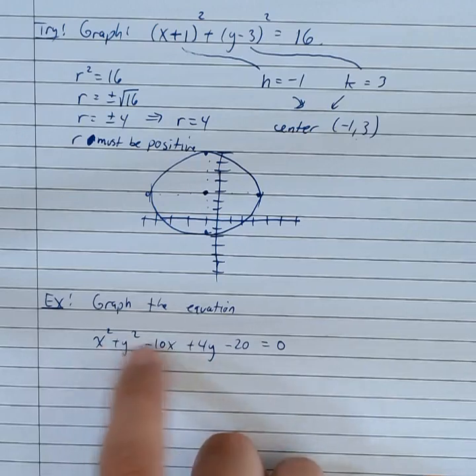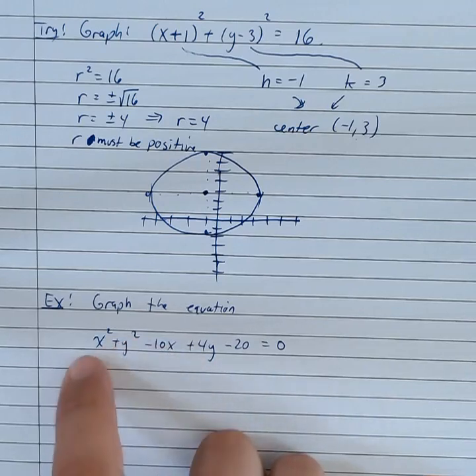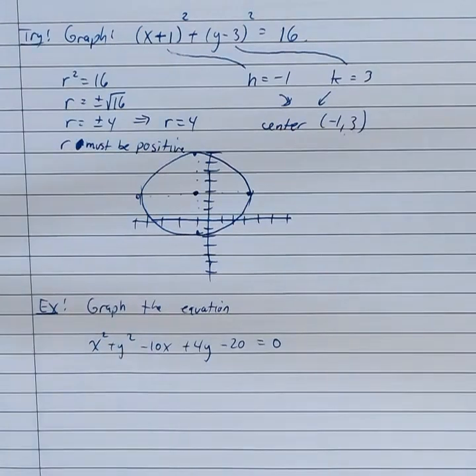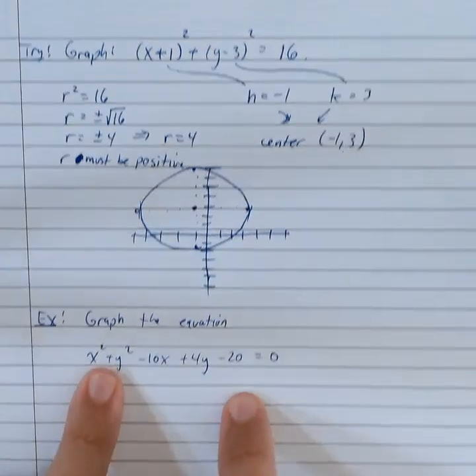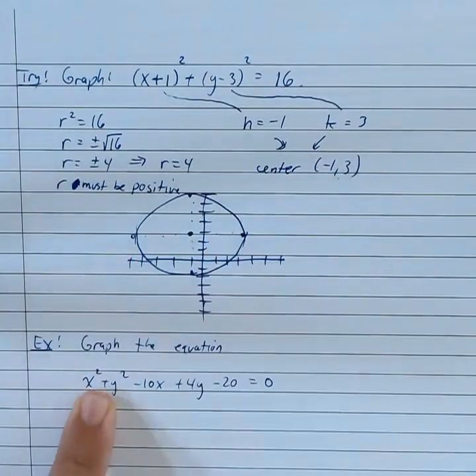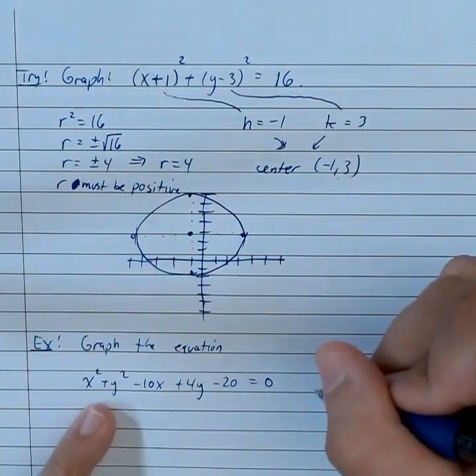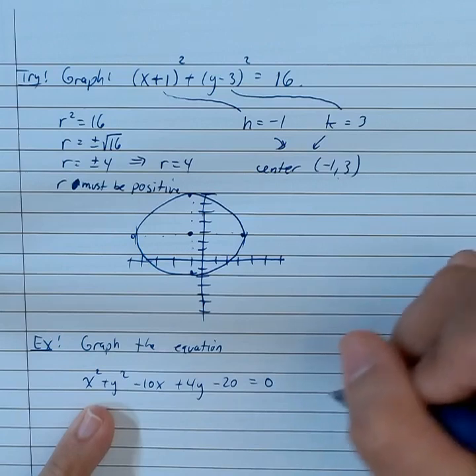As long as you don't have any powers bigger than 2, and as long as the x squared and the y squared both have the same coefficient, in this case they both have a 1 in front, then this will give you a circle. You say, okay, well, it might be a circle, but I still don't know how to graph it. I still don't know the center or the radius. Incidentally, this is called the general form of a circle.